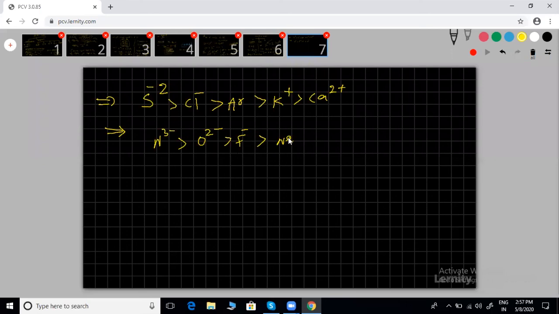Compared to F minus, the neon size is less only. After that: Na plus, Mg2 plus, Al3 plus. Okay.